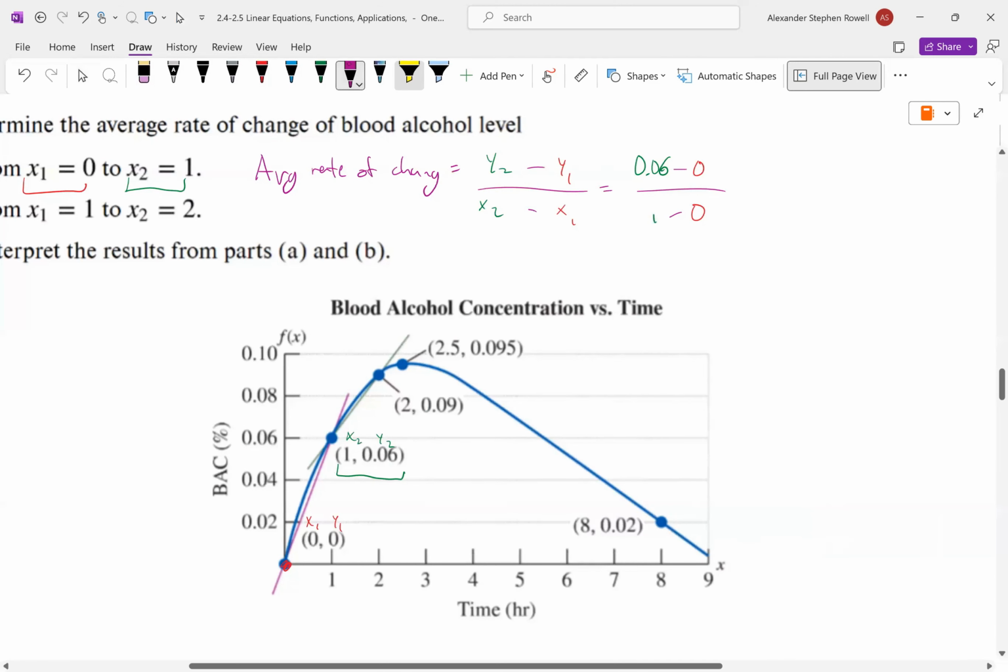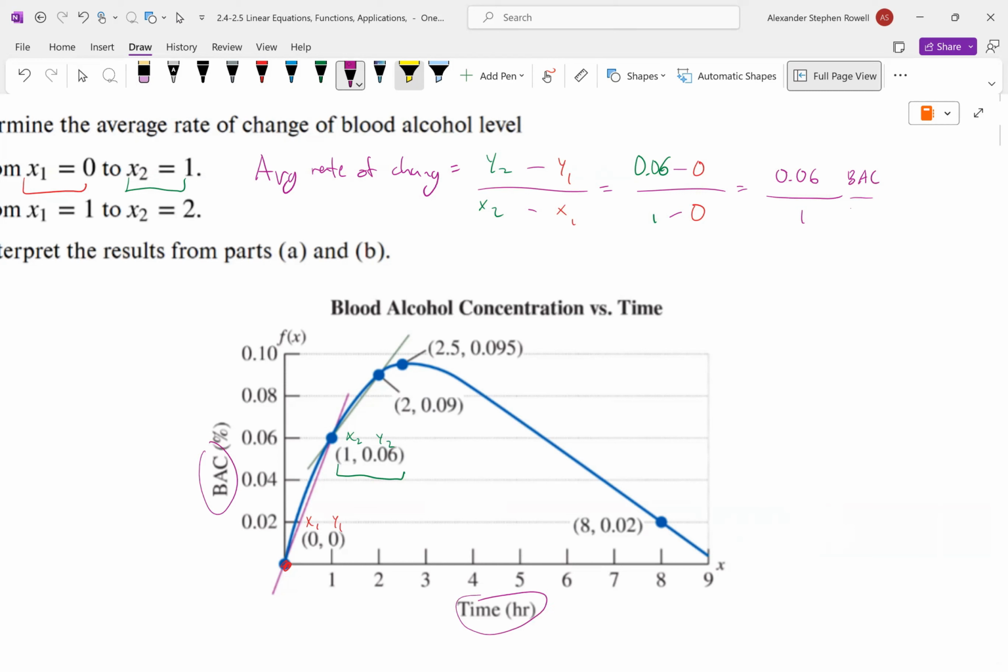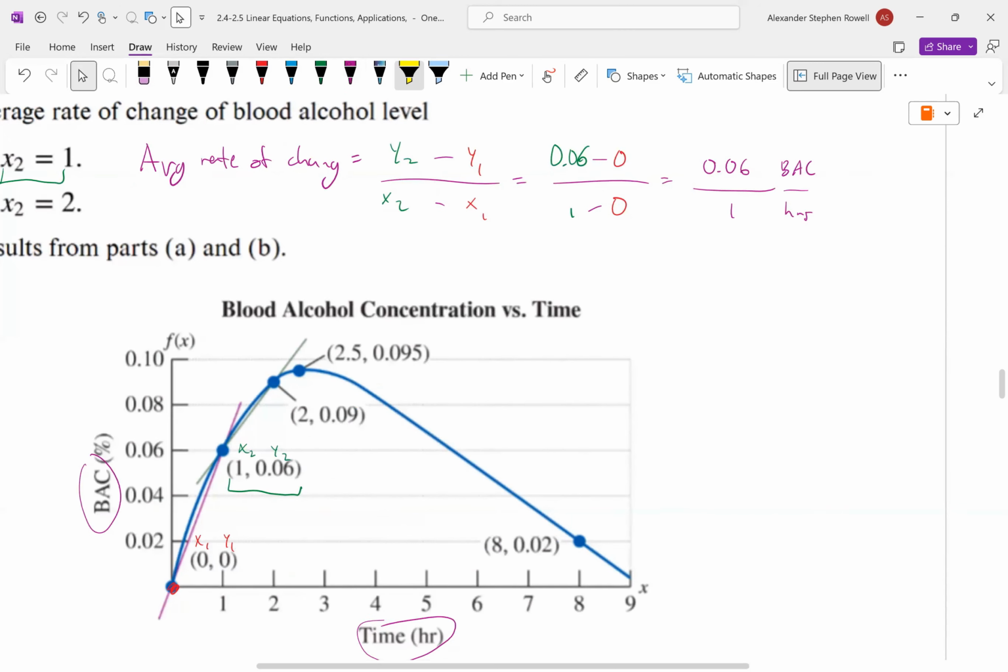Okay, so we get 0.06 over 1. And the numerator is BAC, blood alcohol concentration, over the time in hours. Can you tell me the blood alcohol concentration increase? That rate is positive.